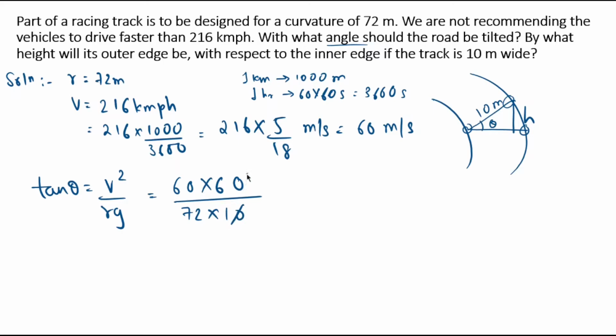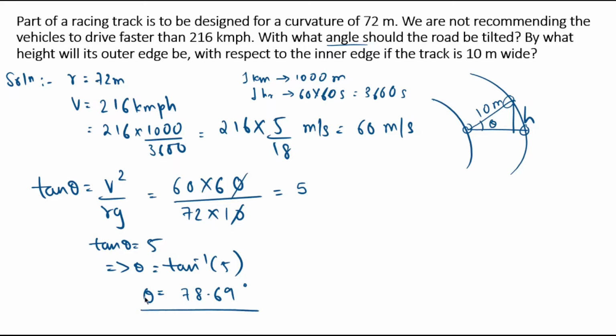So cancelling this and calculating this, we get tan theta as 5, which implies theta will be tan inverse of 5. By calculating the tan inverse of 5, we get theta as 78.69 degrees. So theta is 78.69 degree, that is, this angle is 78.69 degree, which is a very huge angle for a track.